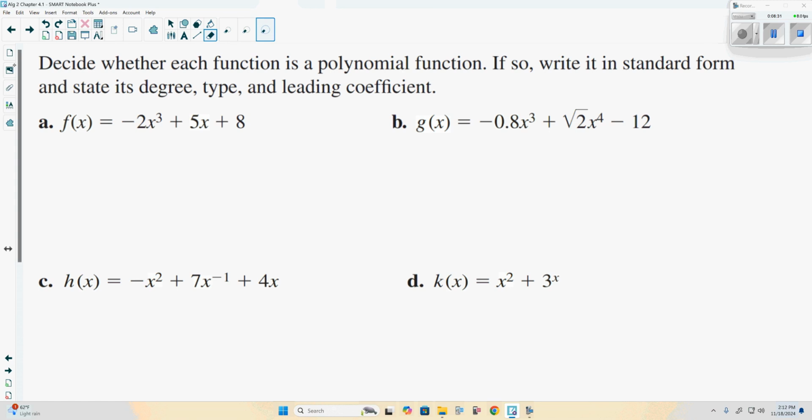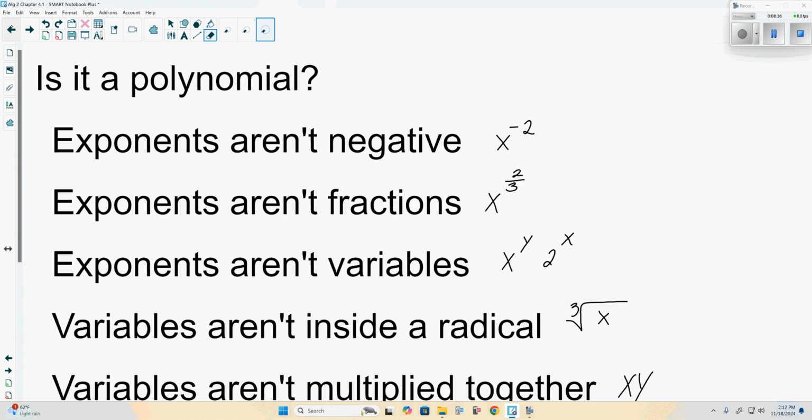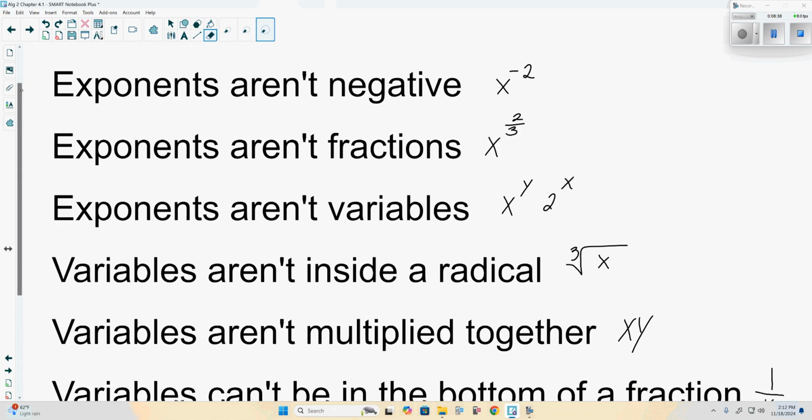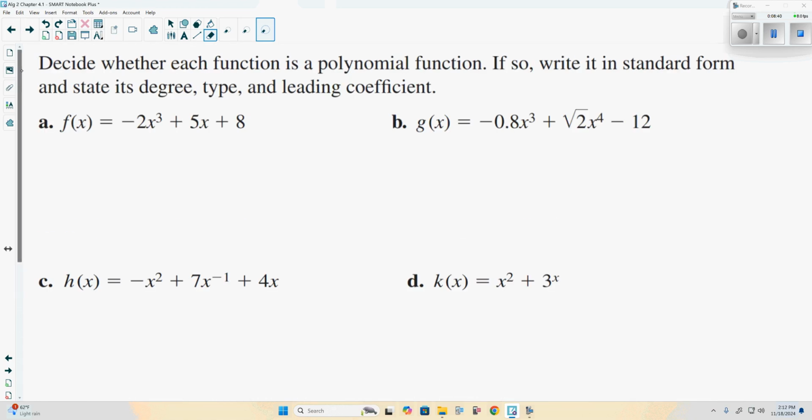If we look at A, f of x equals negative 2x cubed plus 5x plus 8. So we're going to go through all these here. Is there a negative exponent attached to one of the variables? No. Is there a fractional exponent attached to one of the variables?